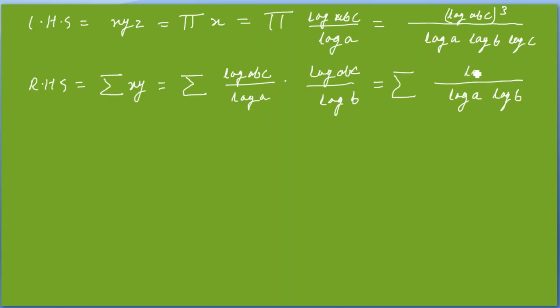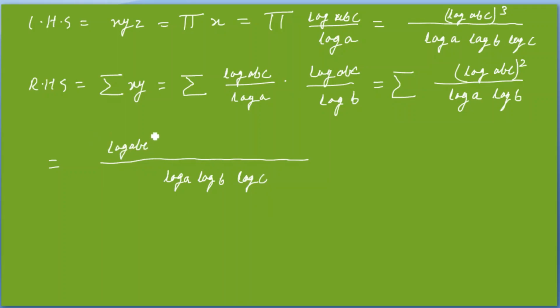Breaking this summation, we can write log a log b log c in the denominator and log abc whole square will be common in each of the three terms, and in the first term log c is missing, so we can write log c plus a plus b.